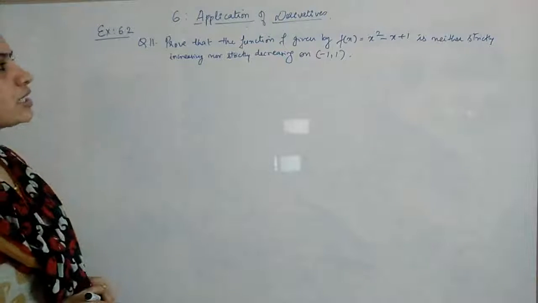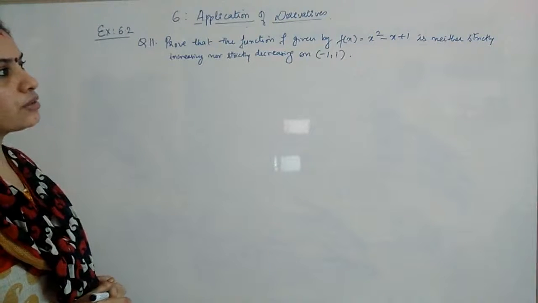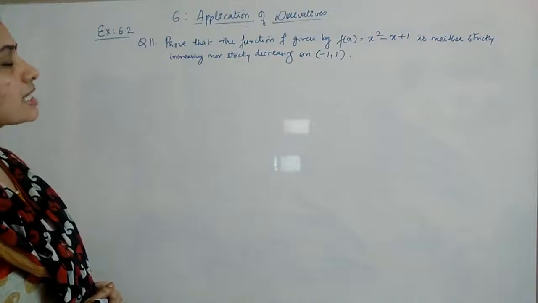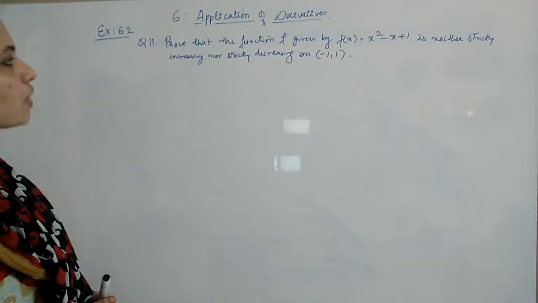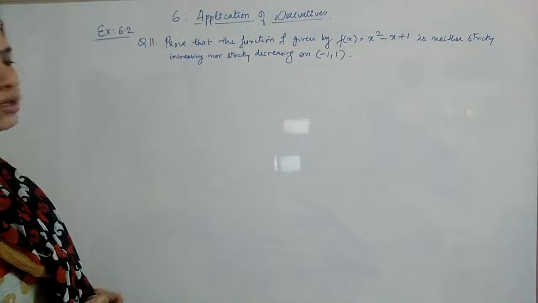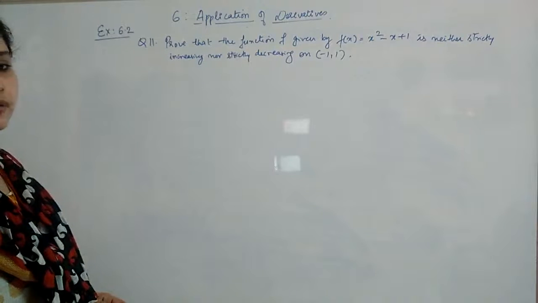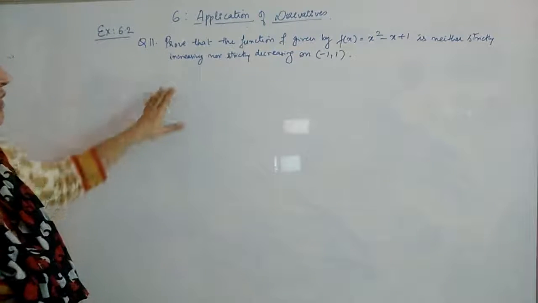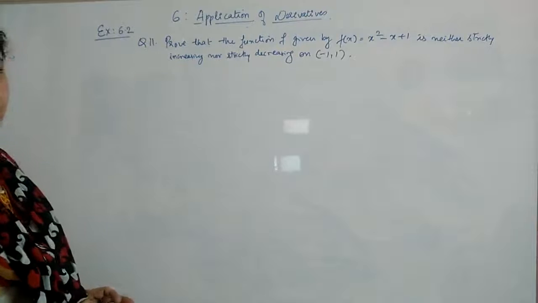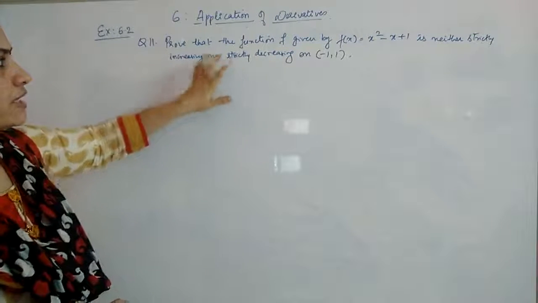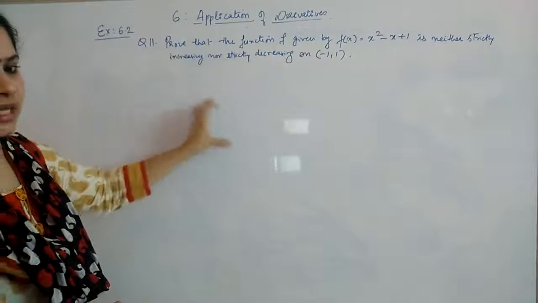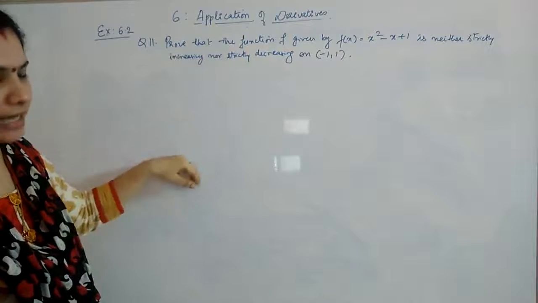Prove that the function f given by f of x equal to x square minus x plus 1 is neither strictly increasing nor strictly decreasing on the open interval minus 1, 1. So first we will just find out what is f dash of x. Neither nor, we will talk about when in the same interval you have both increasing and decreasing.